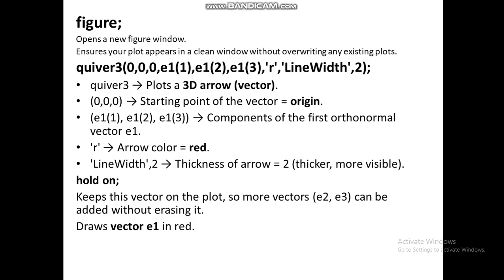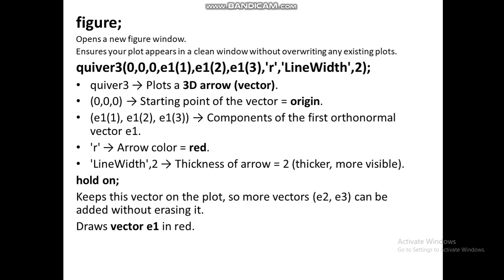The first orthonormal basis vector is going to be displayed in red color. Then what is line width 2? I want my line to look thicker. It is user defined; you can increase or decrease the line width.